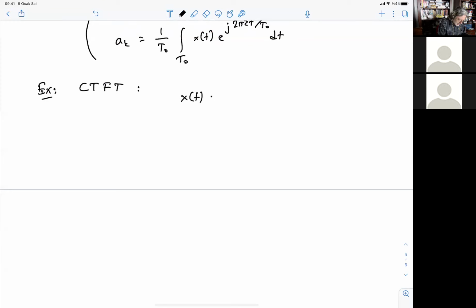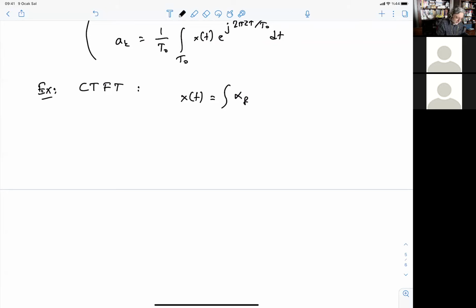x(t) has this representation, an integral, and alpha(f), which is capital X(f) in the Fourier transform. It may be in the form of an omega parameter or an f parameter, depending on whether you define the Fourier transform with frequency in hertz or in radians per second. This one is using hertz.